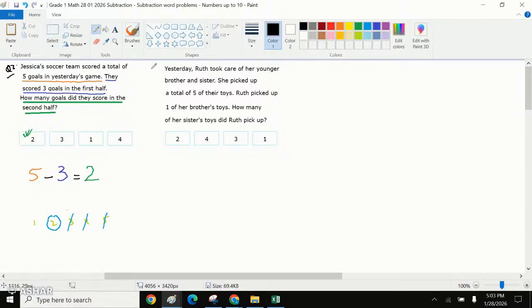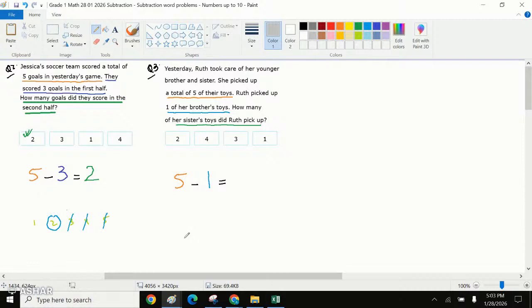Question number 3, the information given here is she picked up a total of 5 of their toys. Ruth picked up one of her brother's toys. Then, how many of her sister's toys did Ruth pick up? That means she had a total of 5 toys. Out of those 5 toys, one belonged to her brother, and the remaining toys belonged to her sister.